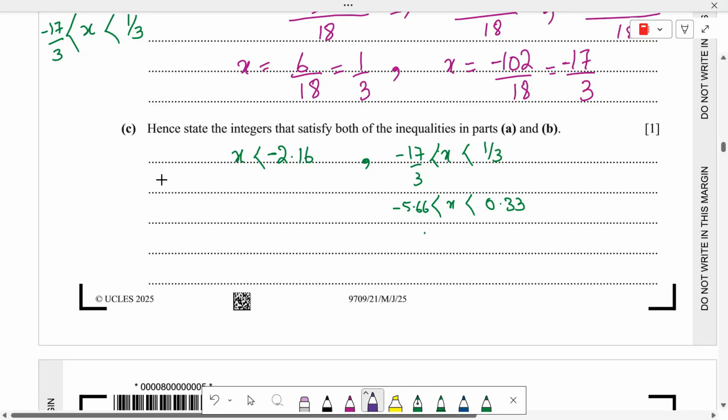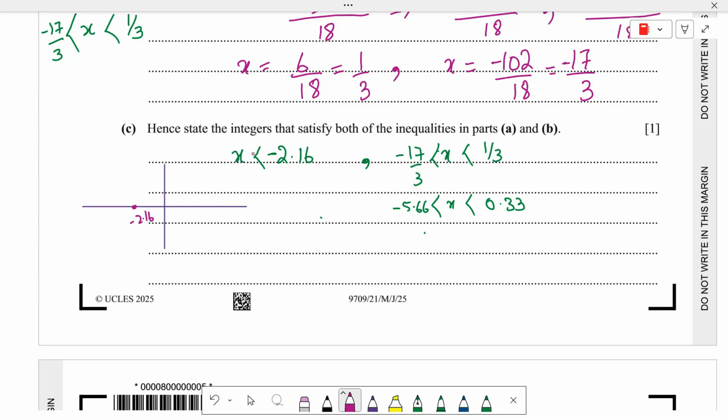Okay, if we plot this, if this is negative 2.16, then the range x less than negative 2.16 will be like this.